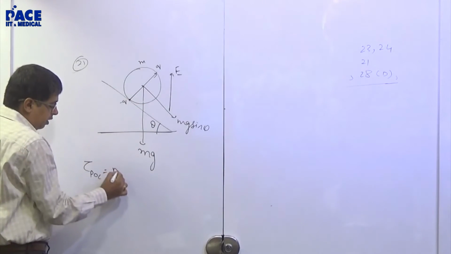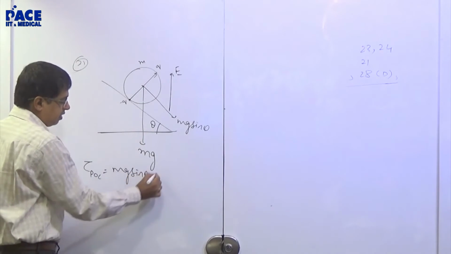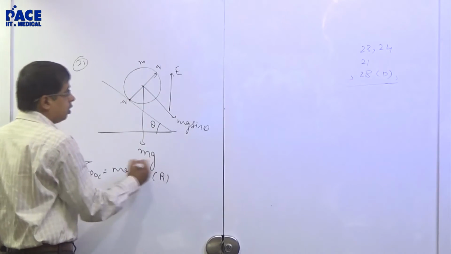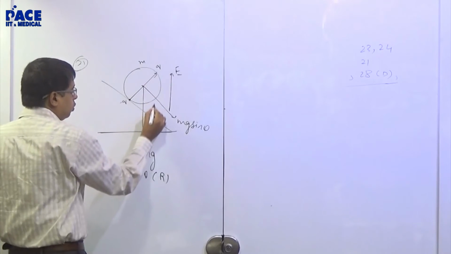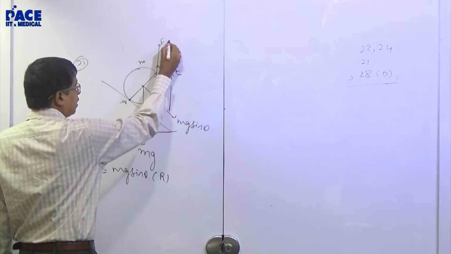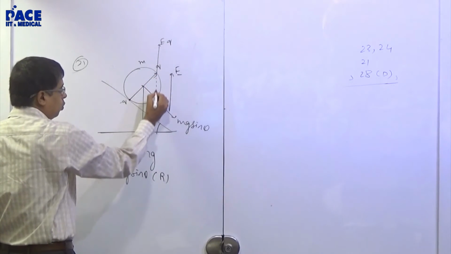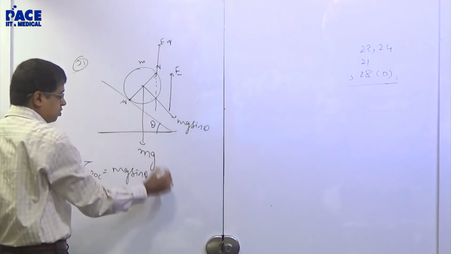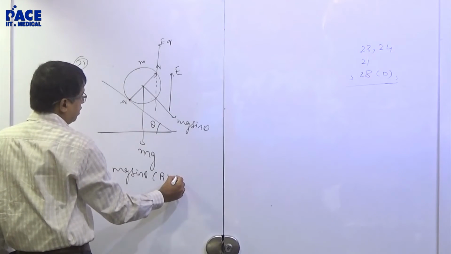mg sin theta into this distance are clockwise. EQ will be in this direction. EQ into this perpendicular distance. Right? Can you calculate that?